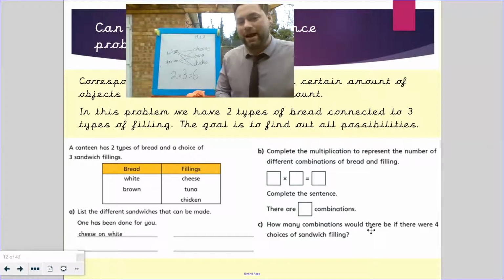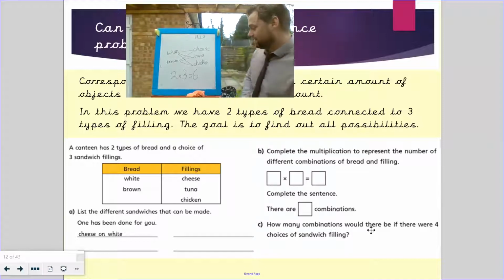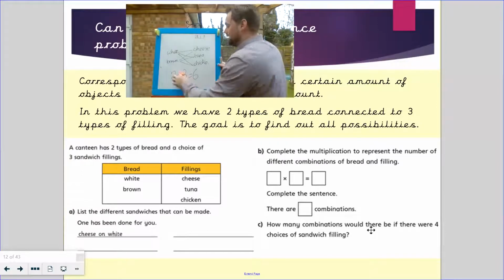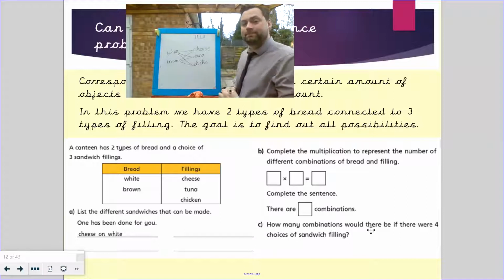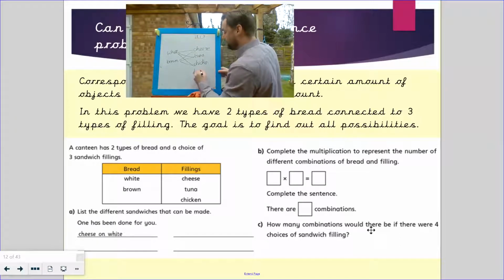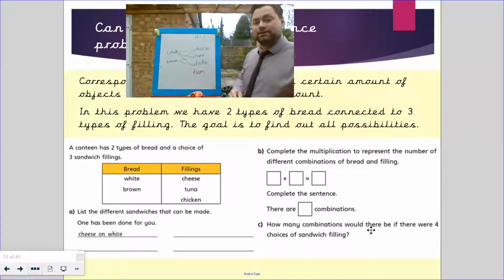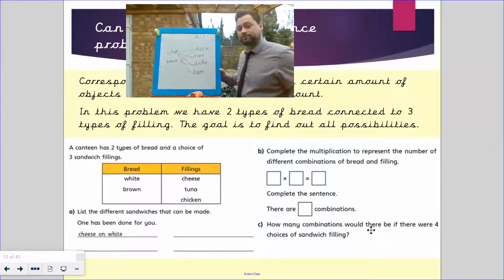How many combinations would there be if there were 4 choices of a sandwich filling? So now this changes it a little bit. Let's imagine that we now have a fourth thing, and let's say it's ham. Now we can see that white has an extra 1, and brown has an extra 1.